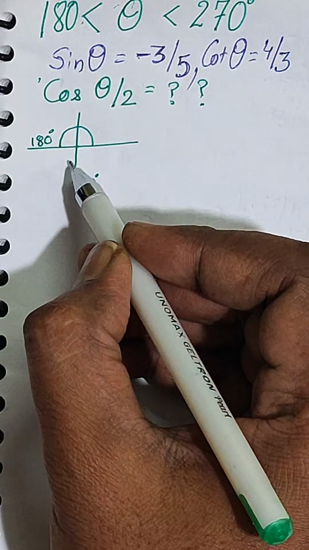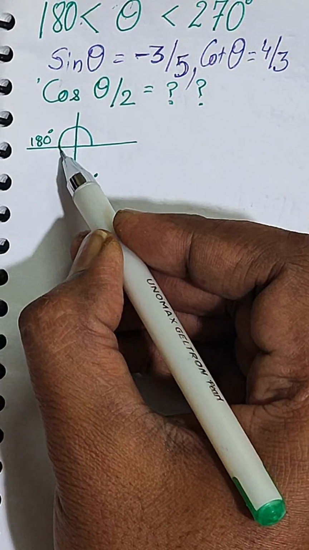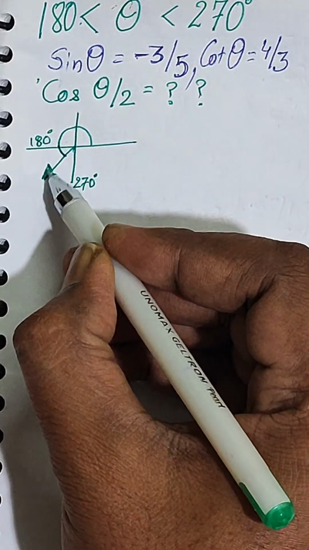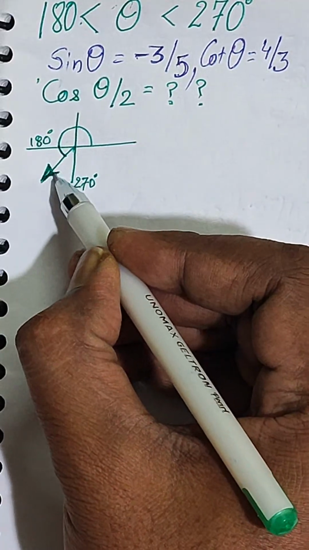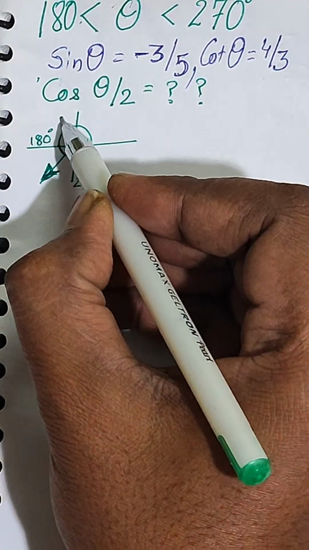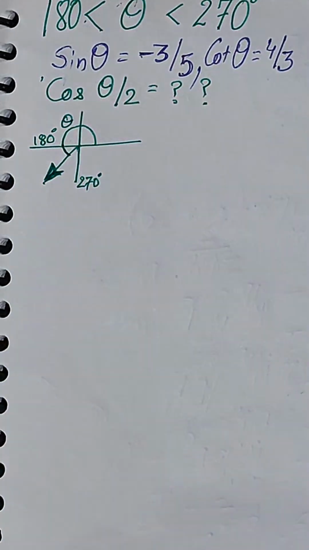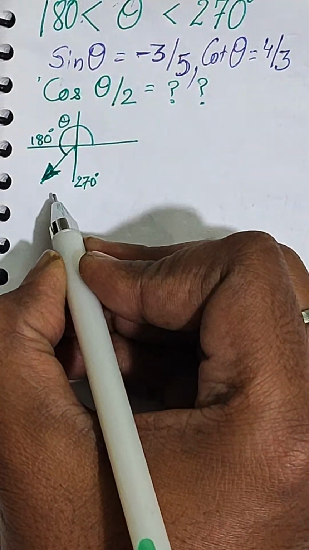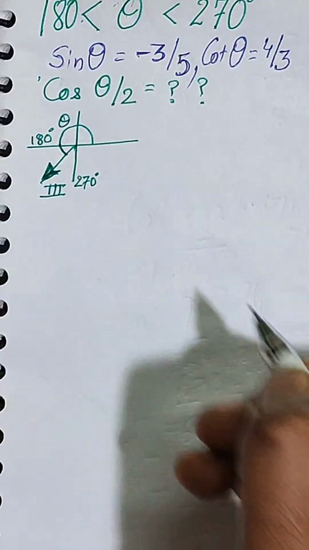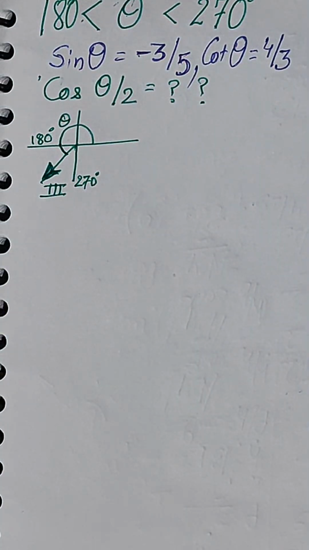That means theta is lying somewhere over here in the third quadrant. So this is the theta for us. Theta is lying in the third quadrant.